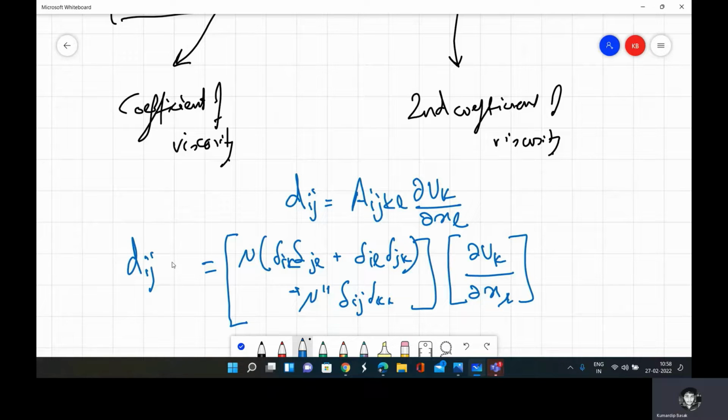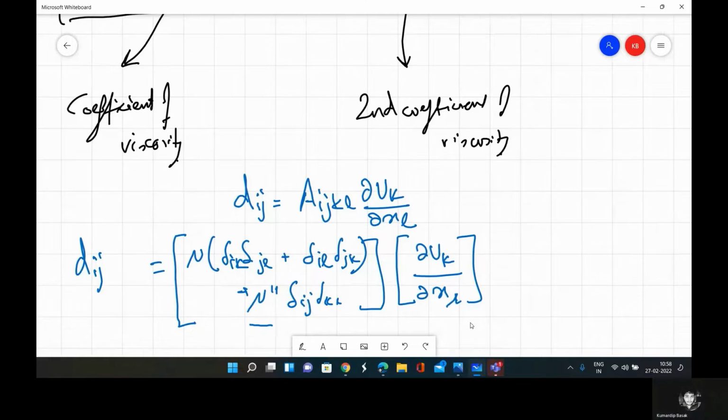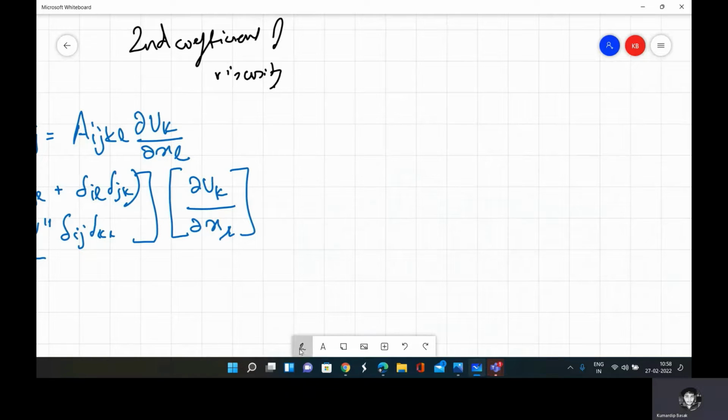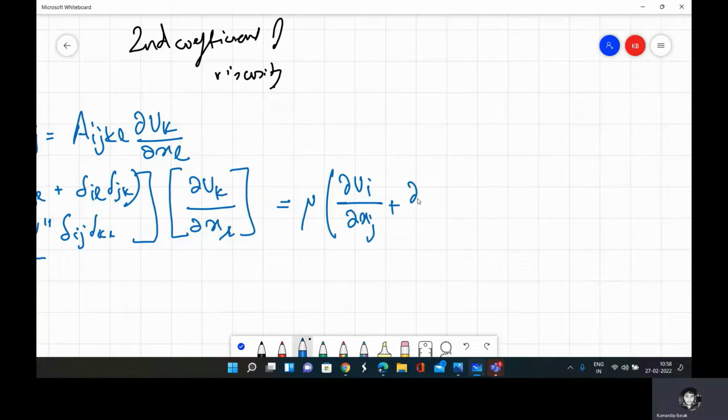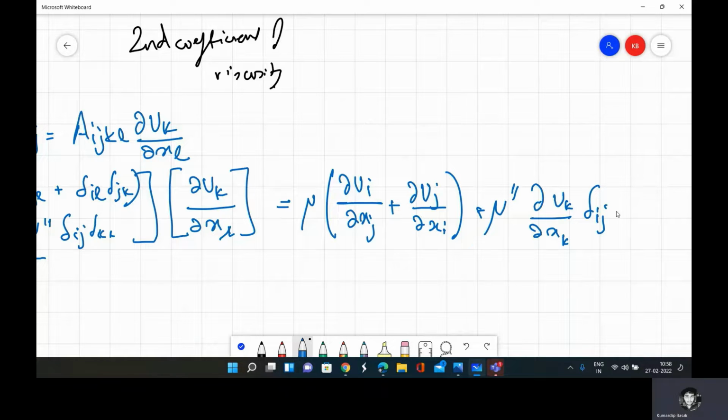This is dij, which can be written as mu (dou ui by dou xj plus dou uj by dou xi) plus mu double prime dou uk by dou xk into delta ij.